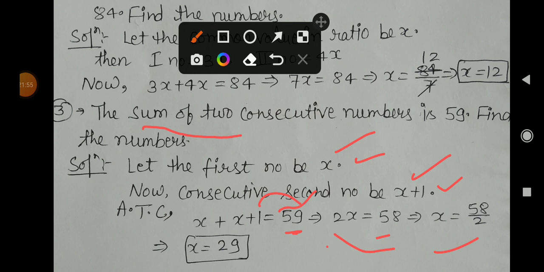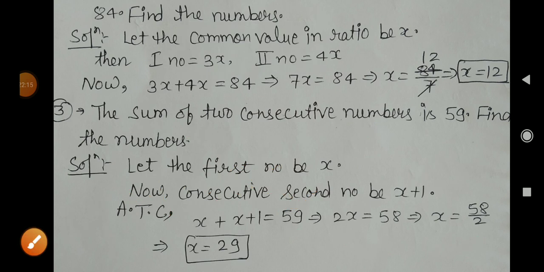Dividing 58 by 2, you get x is equal to 29. So the first number is 29 and the second number is 29 plus 1, that is 30.